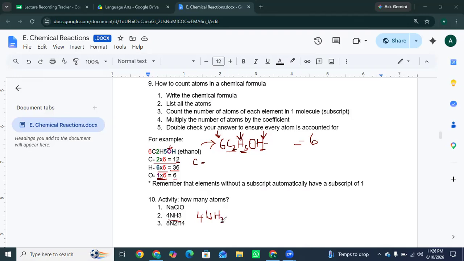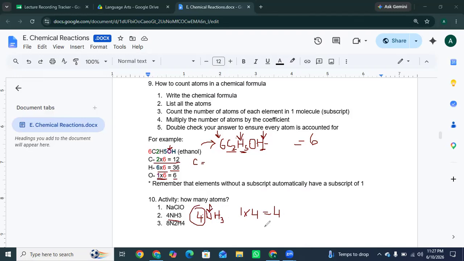So what is the big coefficient? Yes, this 4. The big coefficient is 4, so multiply everything by 4. Like nitrogen, 1 multiplied by 4 is 4. This is nitrogen.